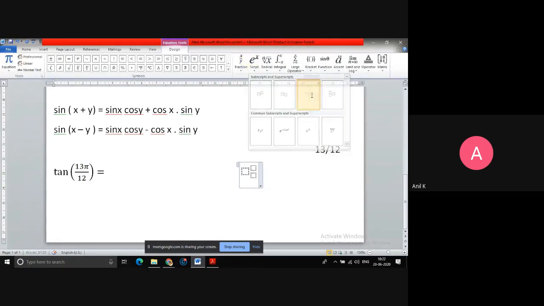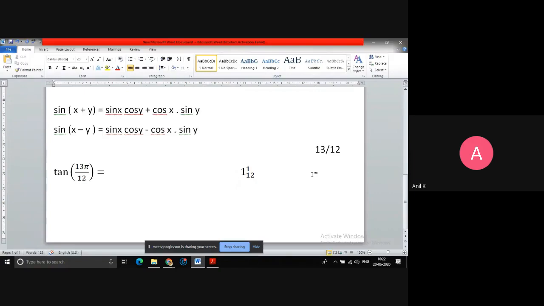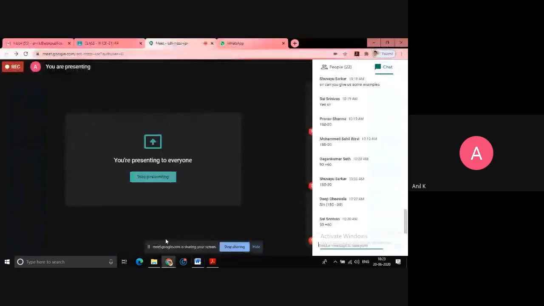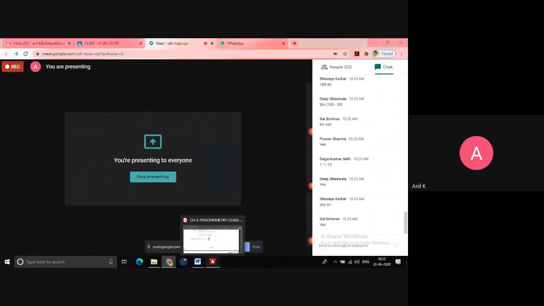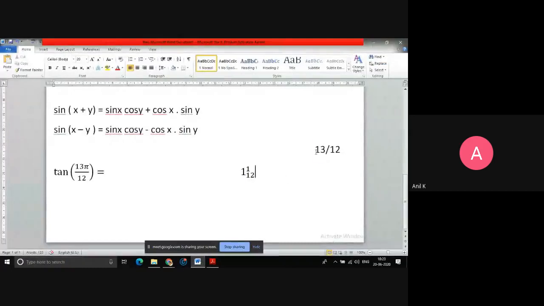So I think 13 by 12 I can convert into a mixed fraction. Can I write 13 by 12 as a mixed fraction as 1 and 1 upon 12? Will it work as a mixed fraction? 1 by 12? Okay, yes. So 13 by 12 we can write as 1 and 1 by 12. Now see how I use this mixed fraction.